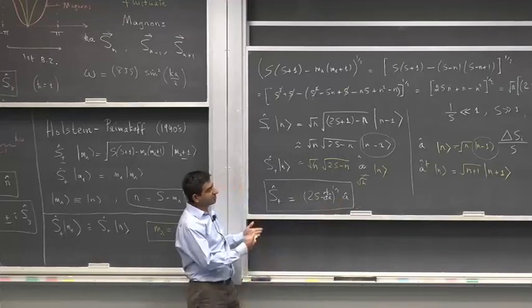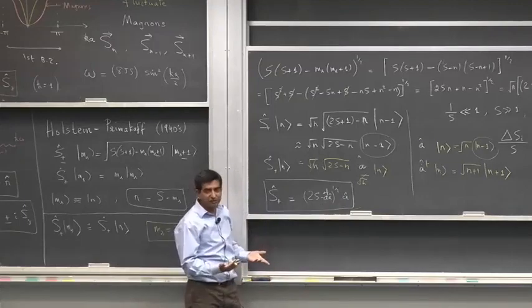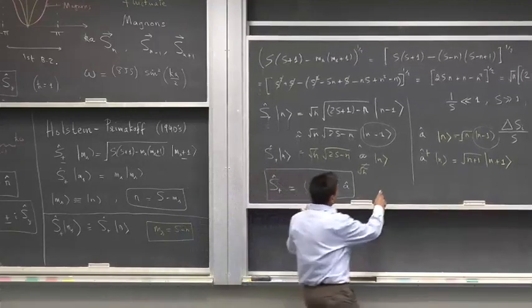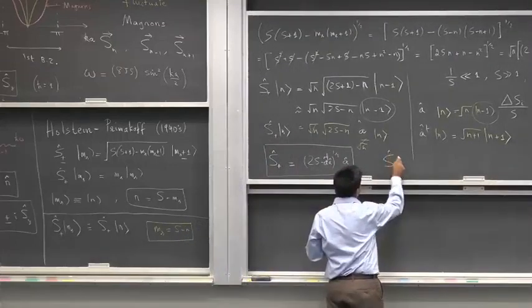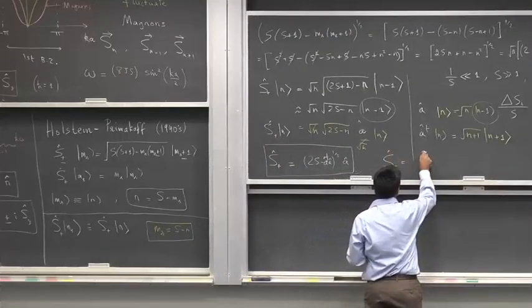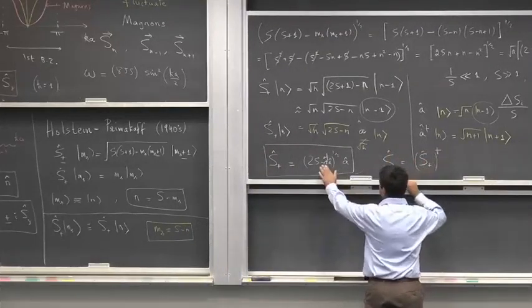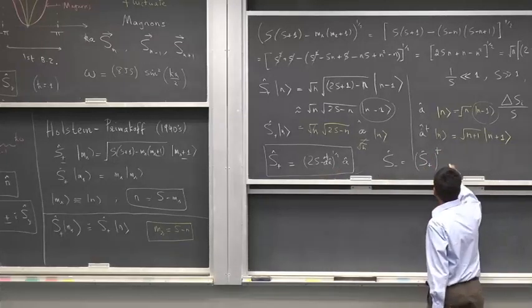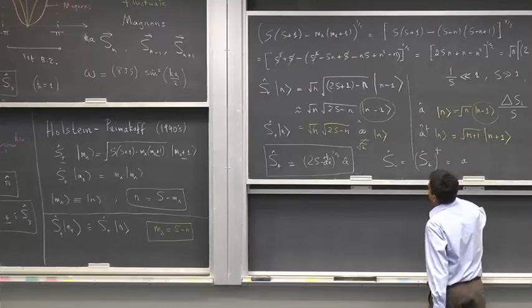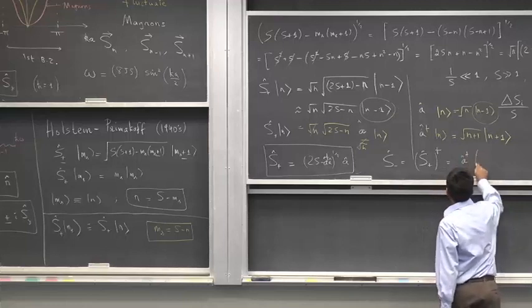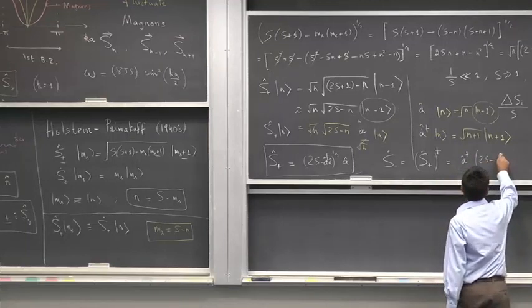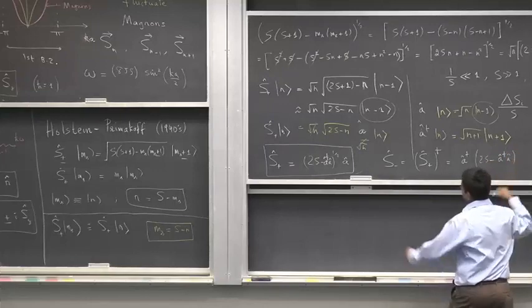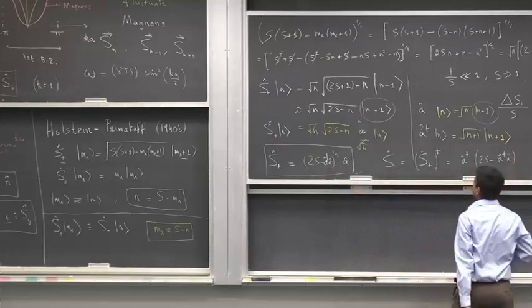The other transformations can be written in a straightforward fashion. So S minus, which is the conjugate of S plus, is just going to be the conjugate of this thing. The conjugate of this is a dagger times (2s minus a dagger a). This is Hermitian, remember, to the power 1/2.